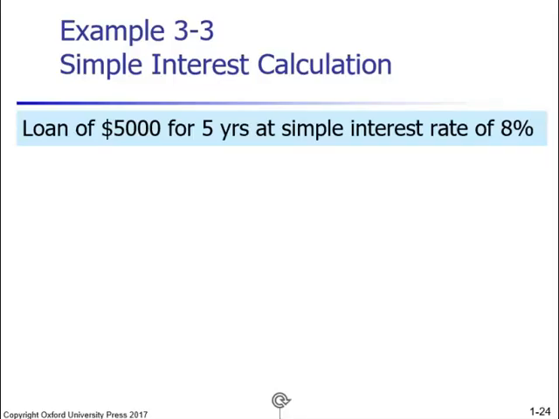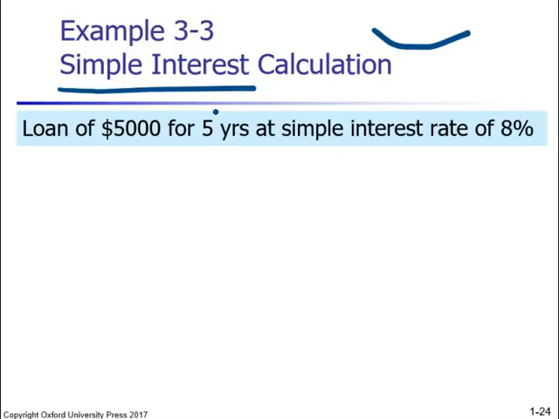Okay, let's do an activity together here. When it says simple interest, simple interest means that there is no interest over interest. You just get interest on the original initial amount of money that you have invested. Okay, so simple interest.